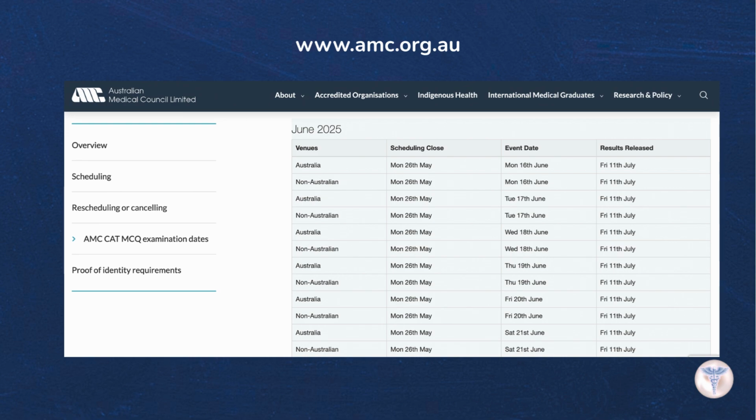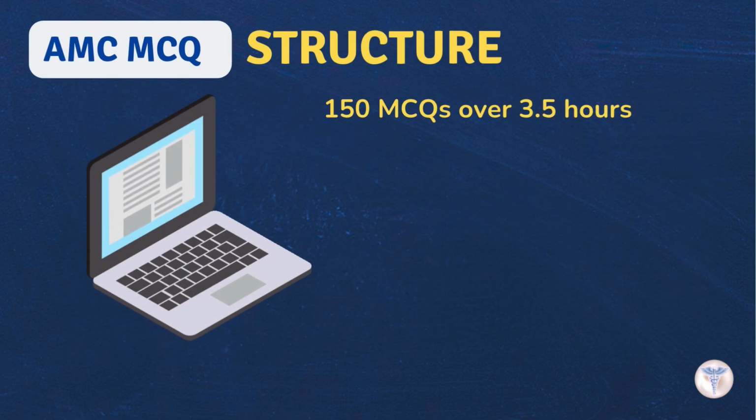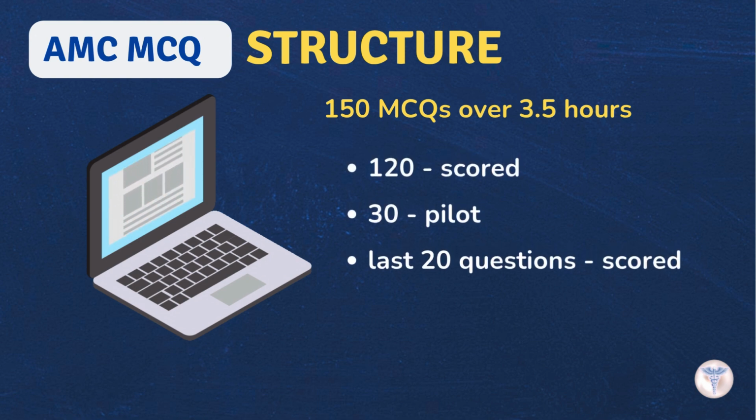The content of the AMC CAT MCQ exam consists of 150 A-type MCQs administered over 3.5 hours, of which 120 are scored items and 30 are non-scored or pilot items, wherein the final 20 items in the examination are scored items only.